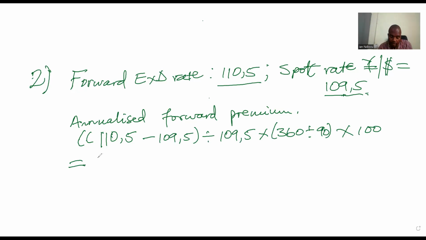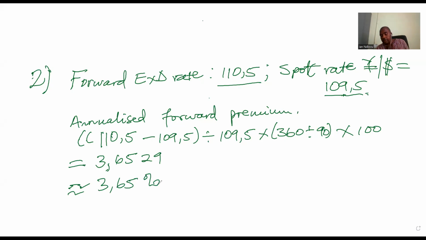After factoring our figures into a calculator, we get 3.6529, which is approximately 3.65%.